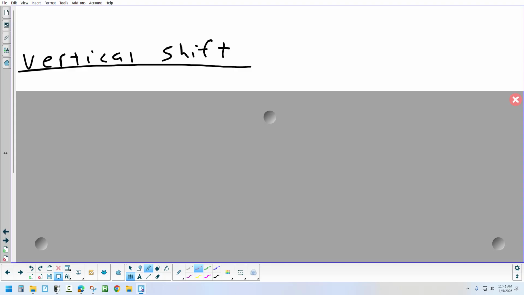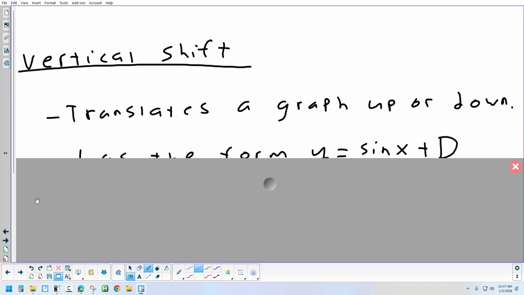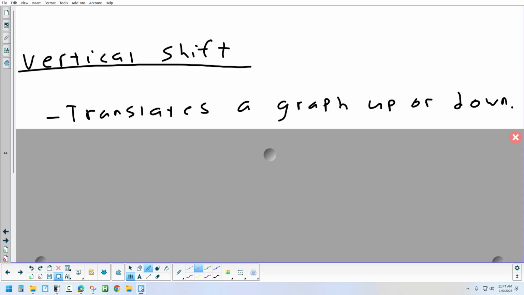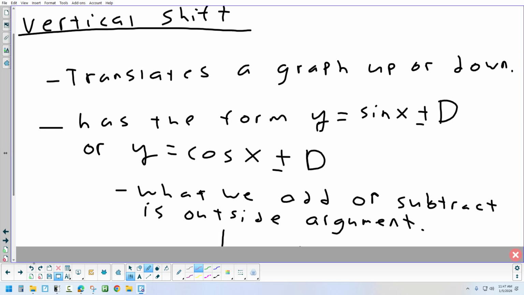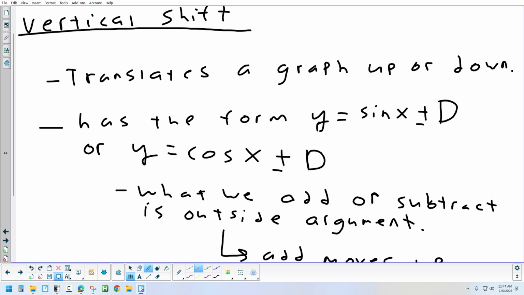So remind me again, what operations shift functions? Yep, right. It's going to be either adding or subtracting, but this time it's on the outside. So it's plus or minus, but it's a number on the end. And when we're shifting up and down, we usually shift by a nice number. 1 unit, 2 units, 3 units, 5 units.